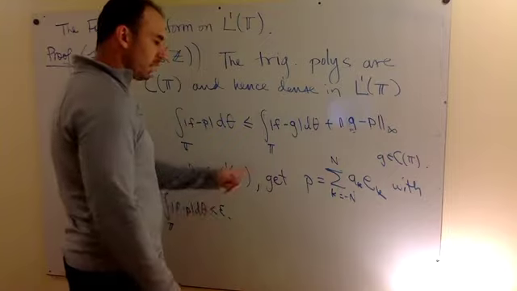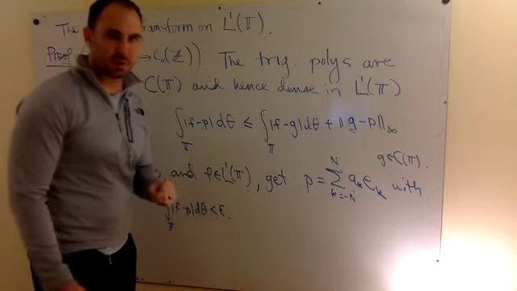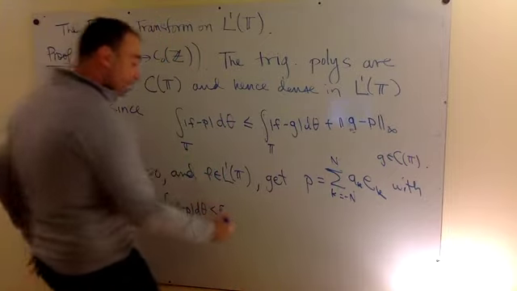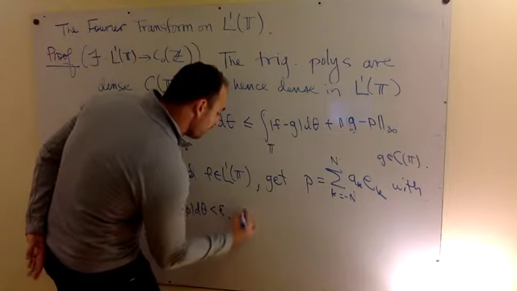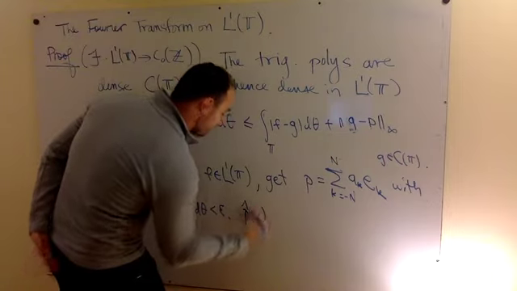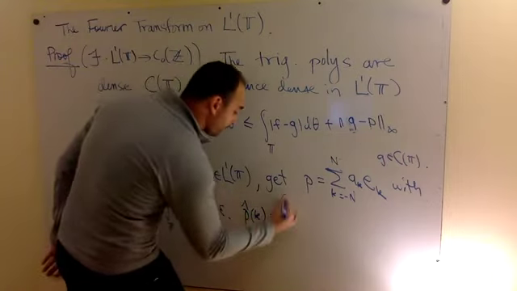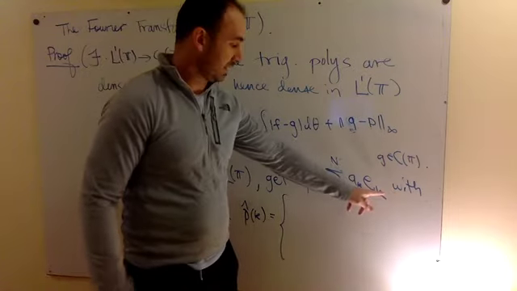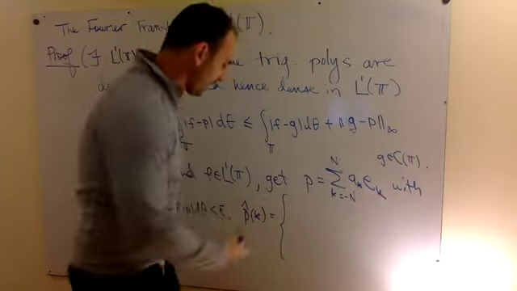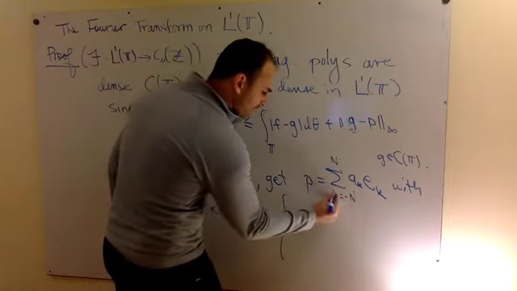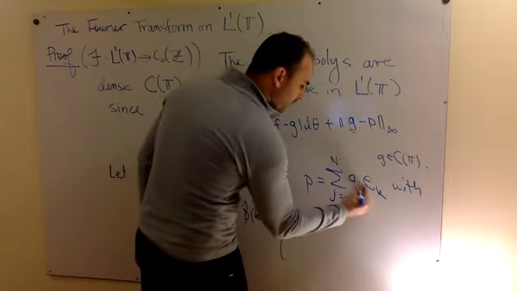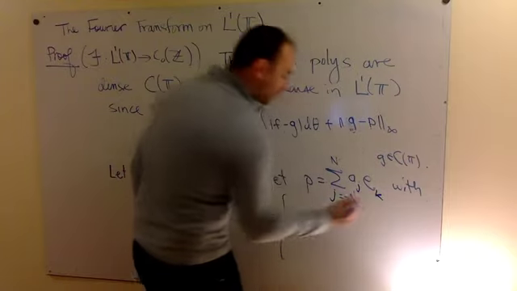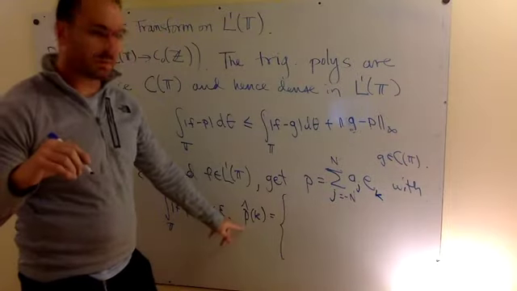Now, notice I can compute the Fourier transform of a trig poly, it's really easy. In fact, what is it? So the Fourier coefficients, in other words the Fourier transform, what they are is I integrate against, say, e_j. Okay, and let me change the index notation just so we don't get confused here.